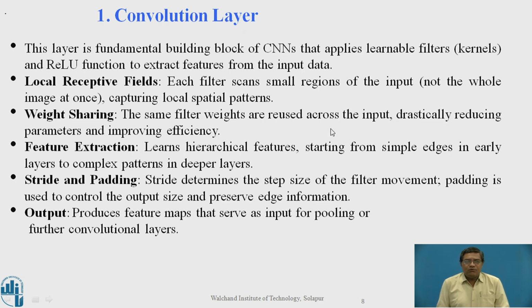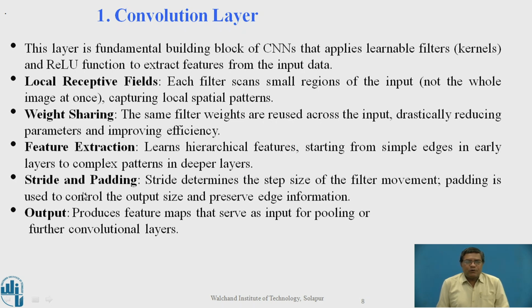Therefore, we can drastically reduce the parameters of the network and improve the overall efficiency. Feature extraction is automatically done using this layer. It learns and extracts hierarchical features, starting from simple edges in the early layers to complex patterns in the deeper layers like shapes, textures and so on.